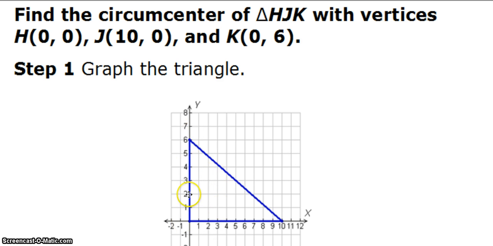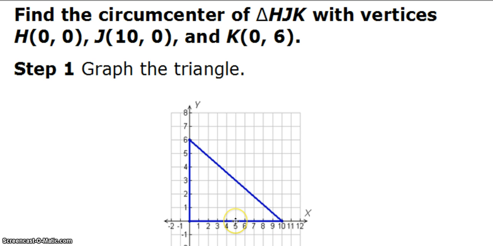Now, the vertical and the horizontal legs of this triangle are very helpful because it's easy to locate a perpendicular bisector, right? Looking at this horizontal leg, we go from 0 to 10. So if it's going to be a bisector, what is halfway between 0 and 10?